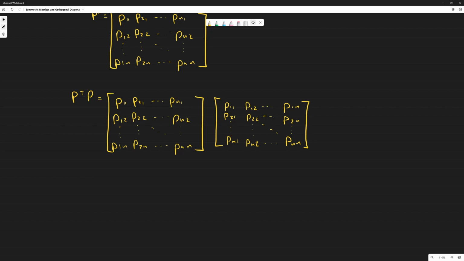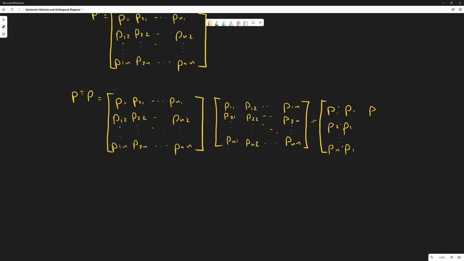We can make our life simpler: because the rows of the transpose are the column vectors, instead of doing the classic matrix multiplication, we can write this as the dot product of P1 and P1, P2 and P1, all the way down to Pn dotted with P1.